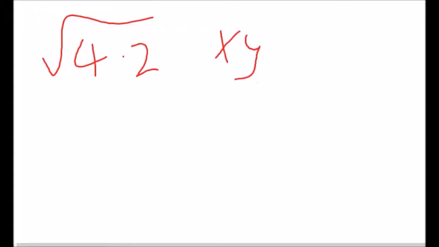Let's go back to rewriting those numbers. Instead of writing it as 8, let's write it as the square root of 4 times 2. We're going to use a property of exponents, and before I go through, I'm going to prove this. Let's say you have xy, all squared. That is the same as x squared y squared.